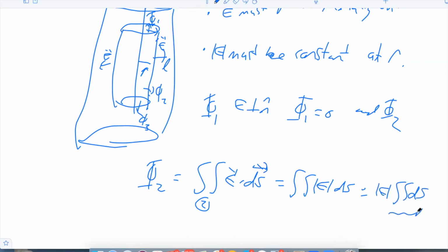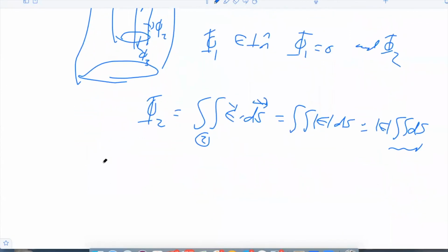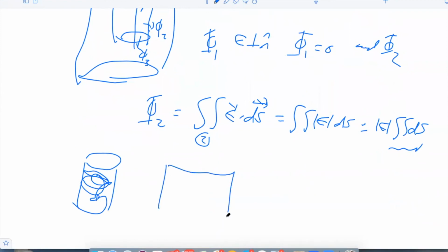Now I just need surface area. Not the surface area of the entire cylinder, mind you, just the surface area of the label of the soup can. So imagine taking this label right here, all of this stuff, and rolling that out into a rectangle.